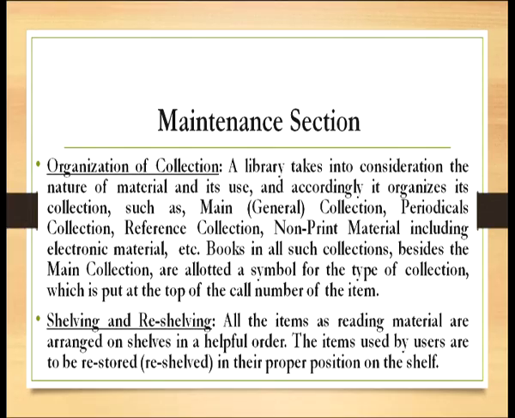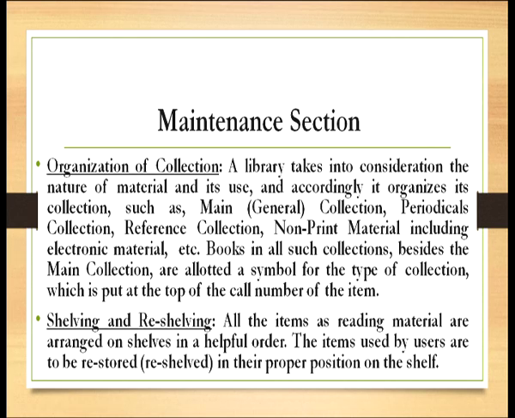Basically, in the maintenance section, the collection is organized. A library takes into consideration the nature of material and its use, and accordingly it organizes its collection: reference collection, non-print material including electronic material, etc. Books in all such sections besides the main collection are allotted a symbol for the type of collection, which is put at the top of the call number of the item.